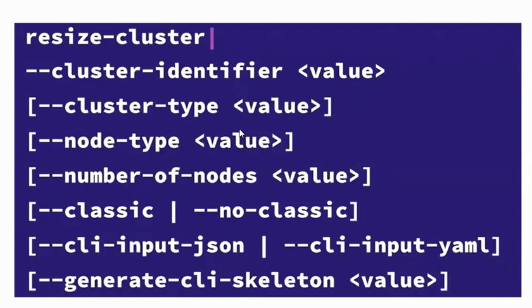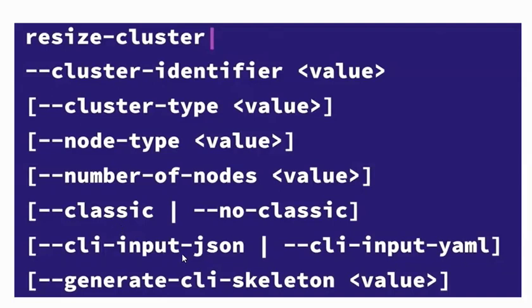And coming to node type, you need to specify it, because based on the node type and the number of nodes that you provided, your cluster will be created. Inside that cluster, your slices will be created based on the node type and size of your node.